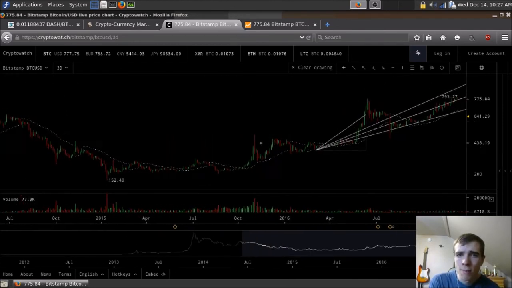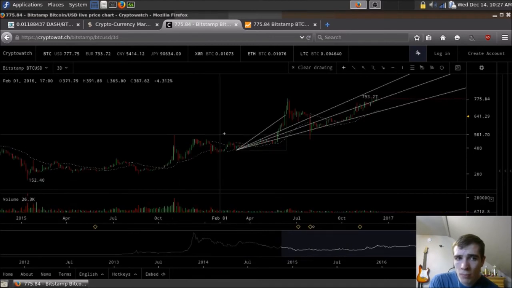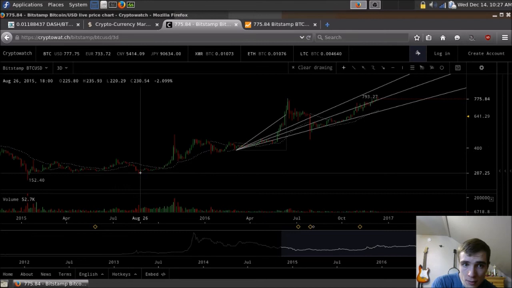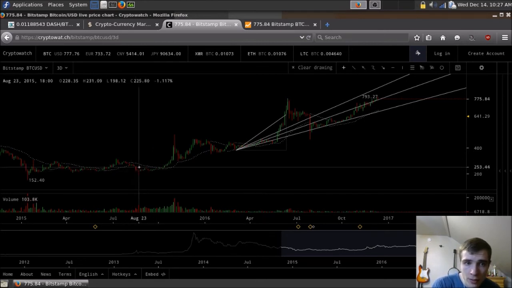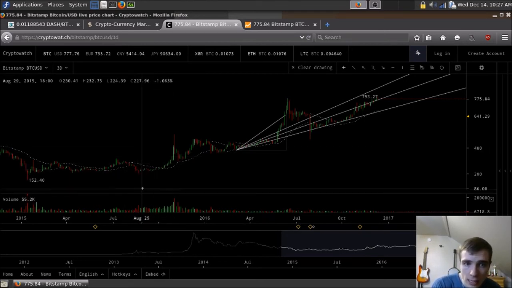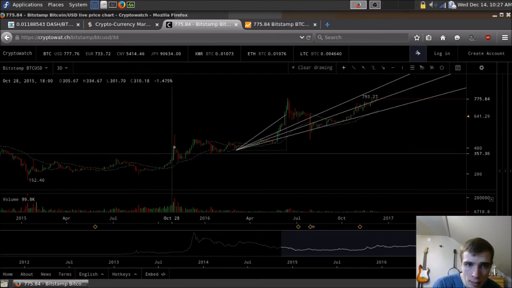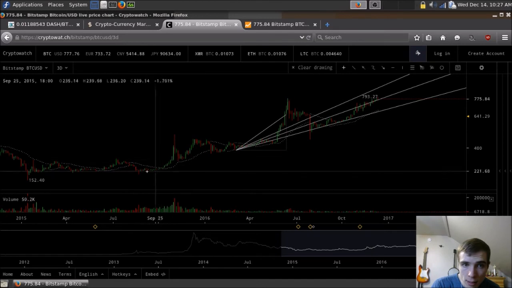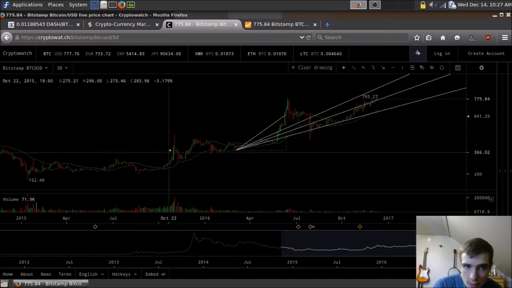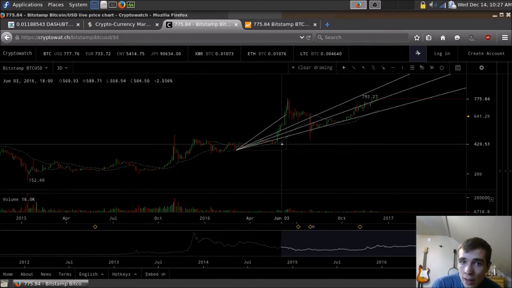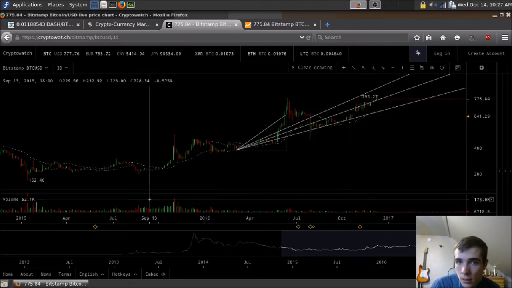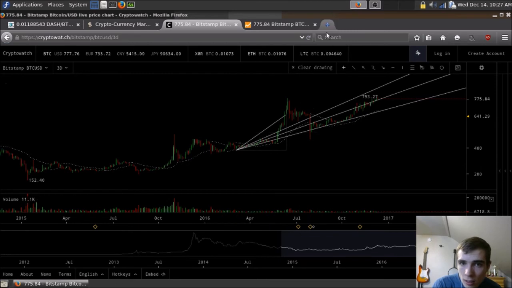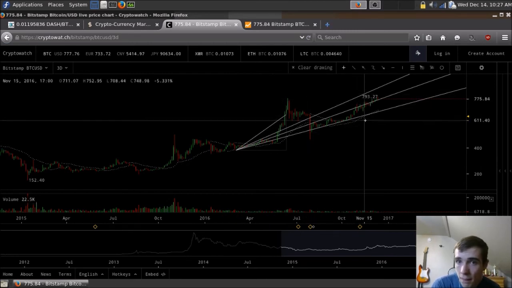So one of the things I've been thinking about with Bitcoin is that since 2015, early August to late October, when we started this uptrend, we haven't really seen it break below any support. It's just been catching support every single time.